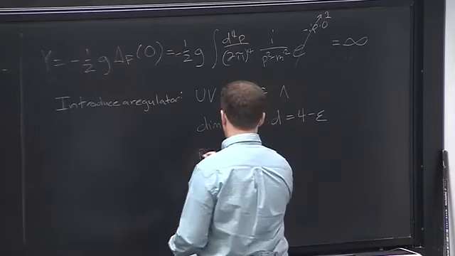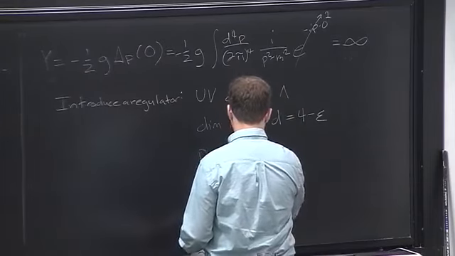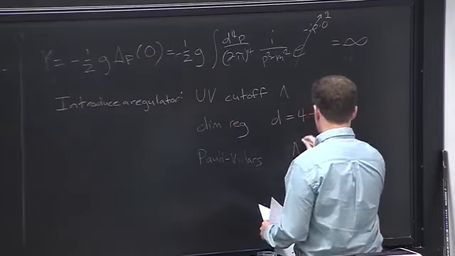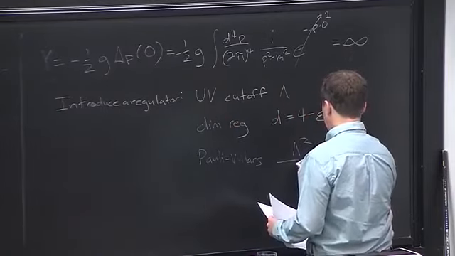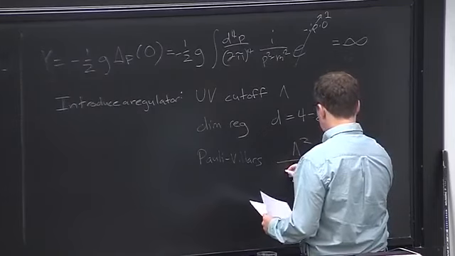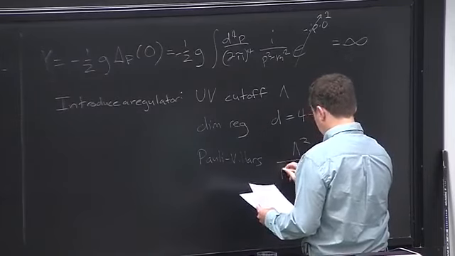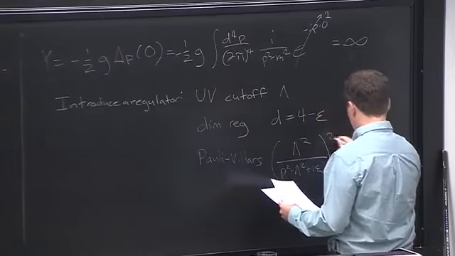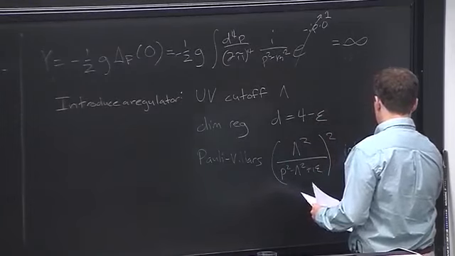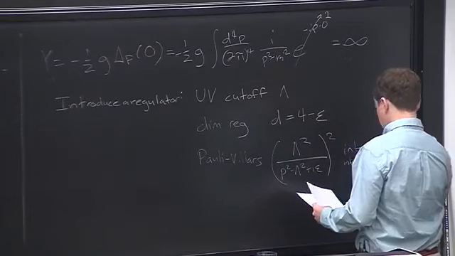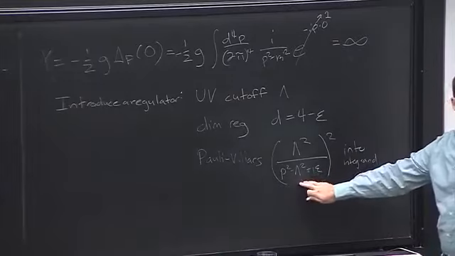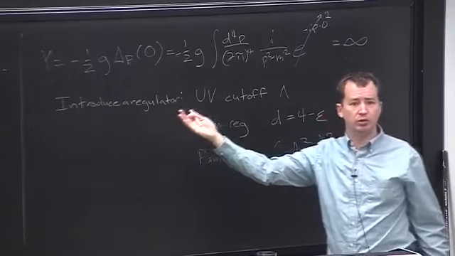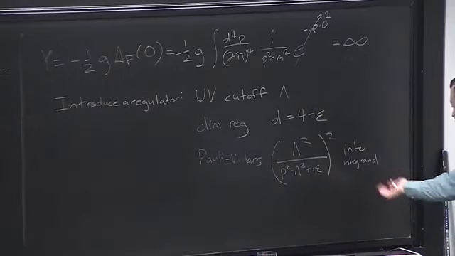And a third way we could do this is Pauli-Villars, which basically we multiply the integrand by lambda squared over p squared minus lambda squared plus i epsilon squared, and we can think of this as coming from a fictional heavy particle that would give us extra diagrams that could remove the divergence.